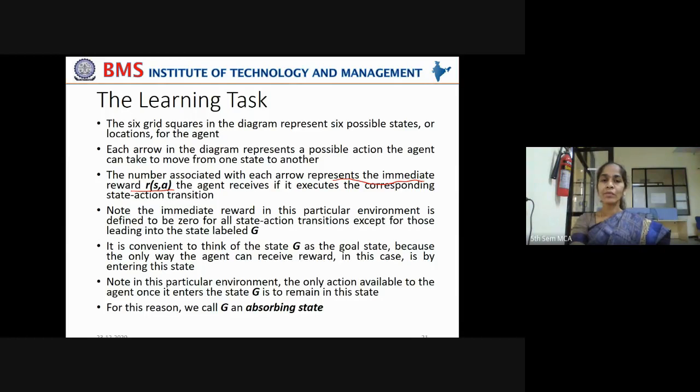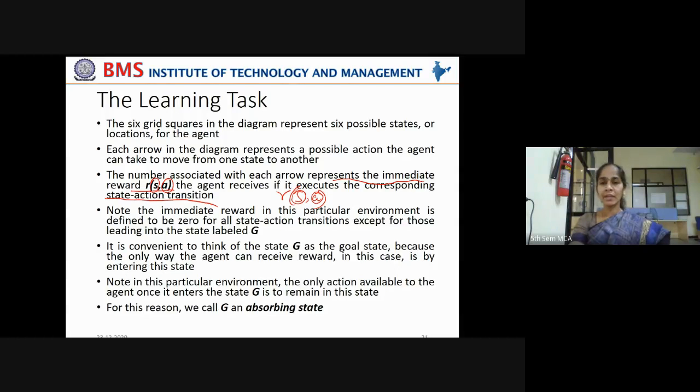That is the reward given when moving from state S by taking an action A. This is the reward the agent receives if it executes the corresponding state action transition. By taking this action, it moves from the current state S. That is called a state action transition.